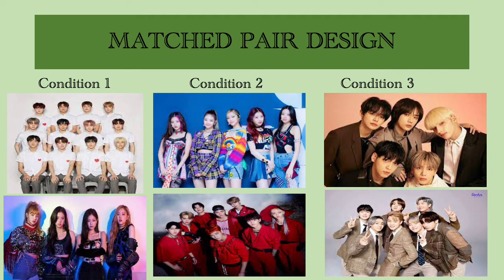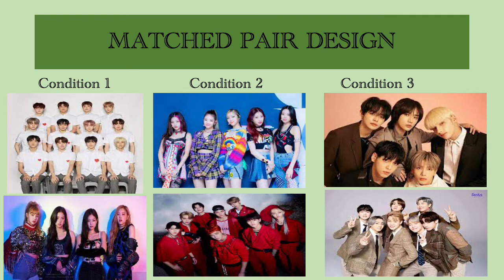Okay, now let me just discuss matched pair. It's different from repeated measure and independent measure. Matched pair, as I've mentioned before, means participants are grouped according to their similarities, okay?